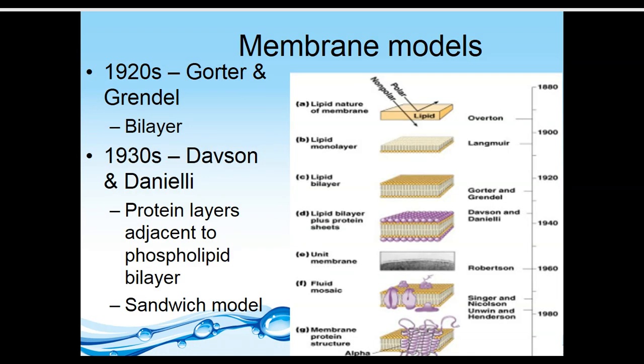So our understanding of what membranes look like, the structure of the membrane, has changed over time, as all of science has changed over time, generally because of advances in technology.